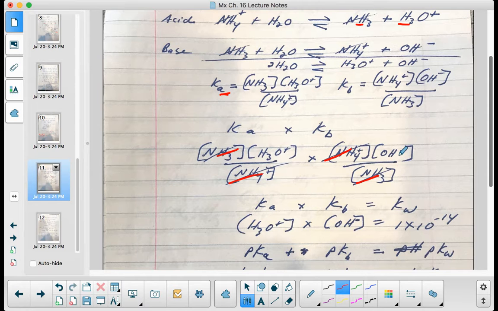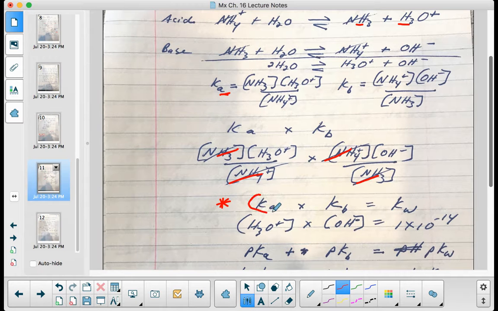And what I know is that the hydronium ion times the hydroxide ion is always equal to 1 times 10 to the negative 14.